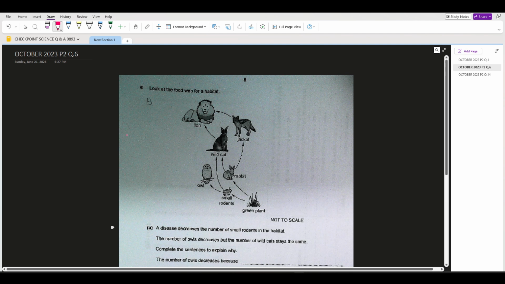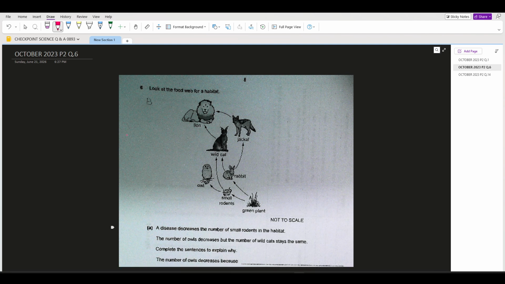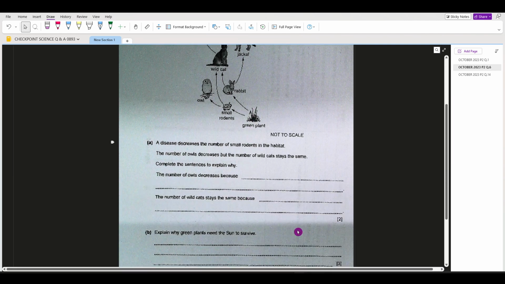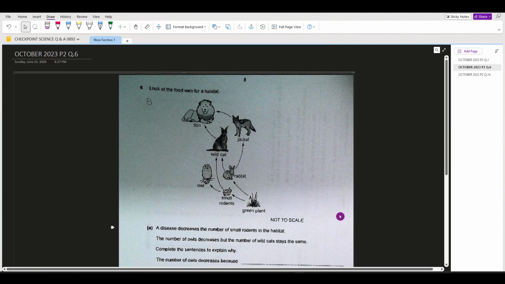Now this is question number 6 from the same paper, October 2023, paper 2. Here in this question he is showing you a diagram of a food chain or a food web. I hope you can see the diagram clearly, or if you want I can magnify it, but I think it's okay.